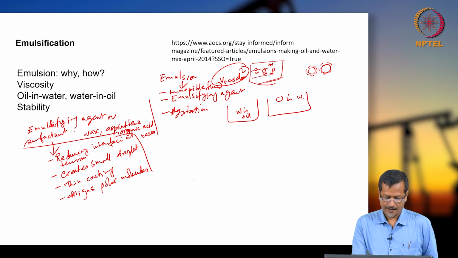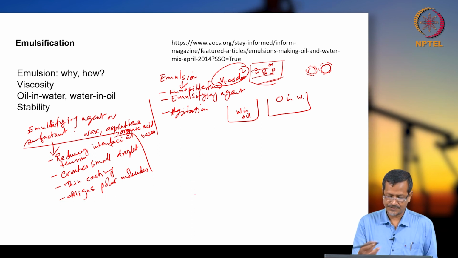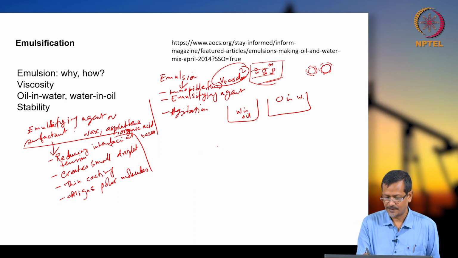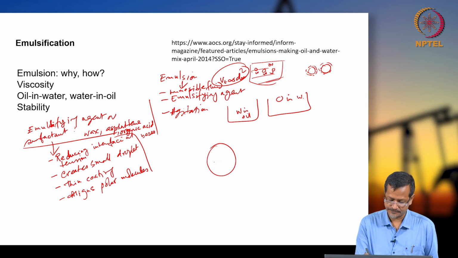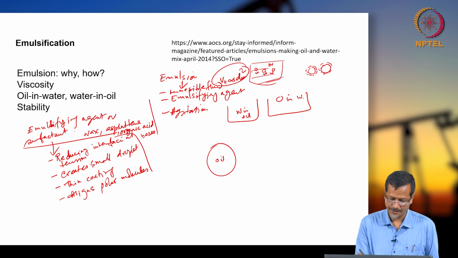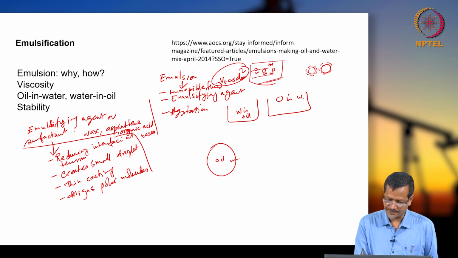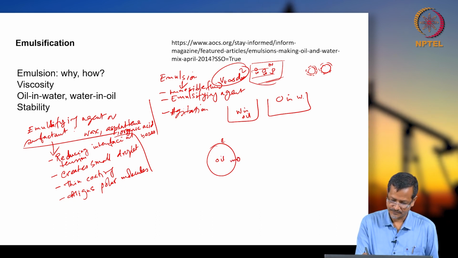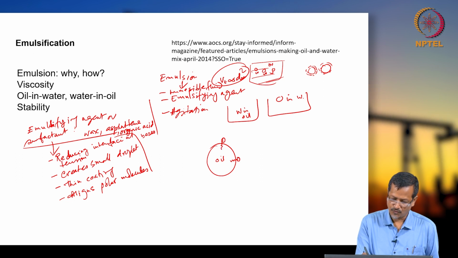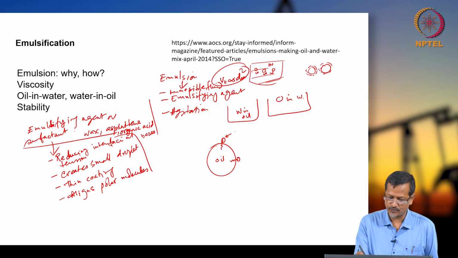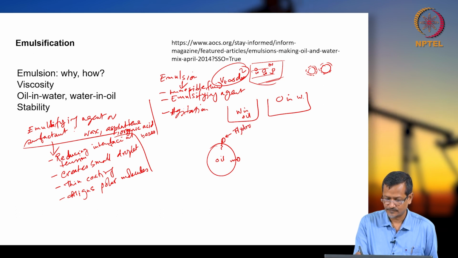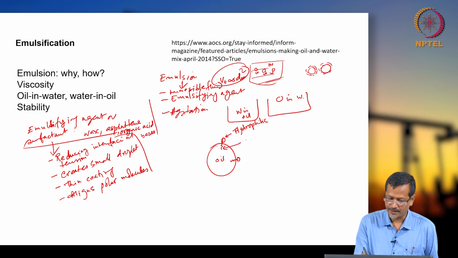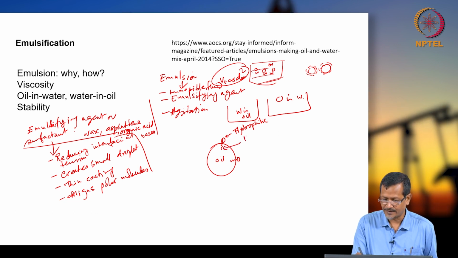Okay. And how does this emulsifying agent work? Let's say we have one oil particle, okay, and the emulsifying agent will be like this. It will have one end hydrophilic and another hydrophobic.